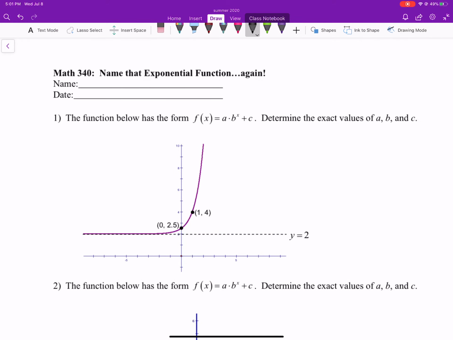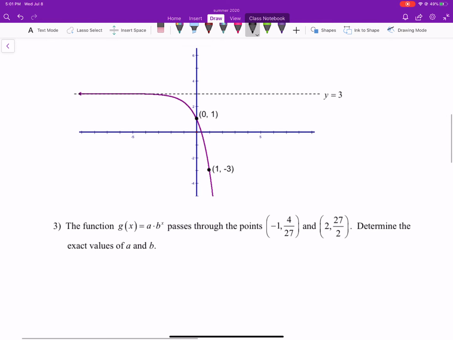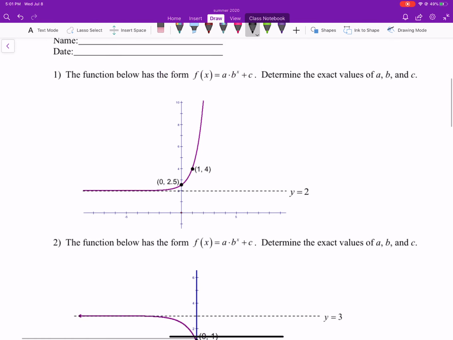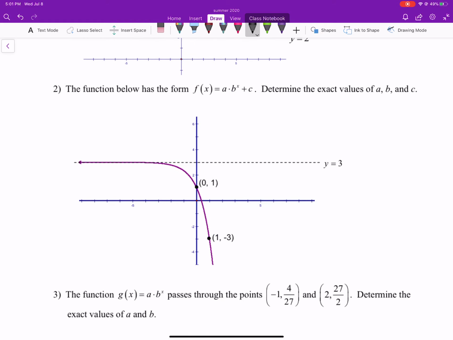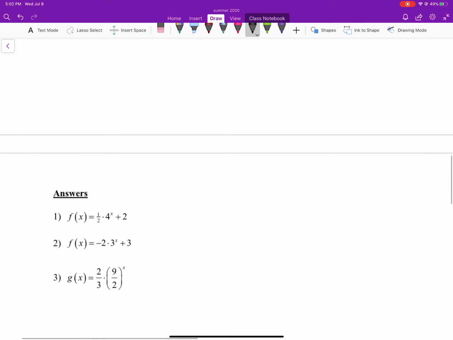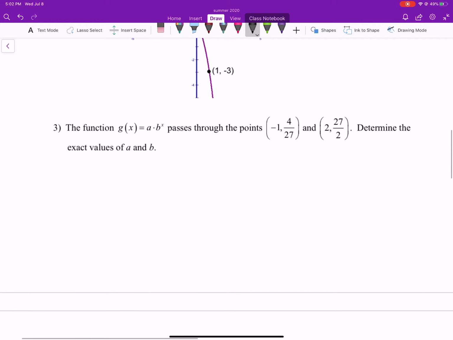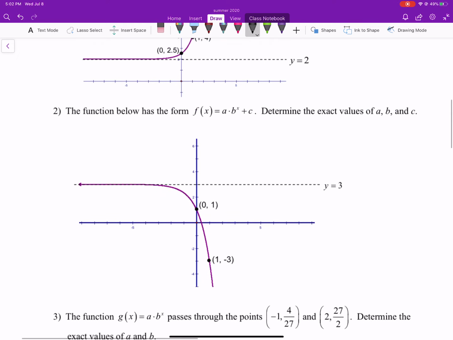The second example is one I'm now going to solve. Again, this is 3 questions. I'm going to do one, and then you're going to do the remaining 2 and turn in your work. Again, the answers are below, so don't just give me the answer. Show me how you arrived at it.